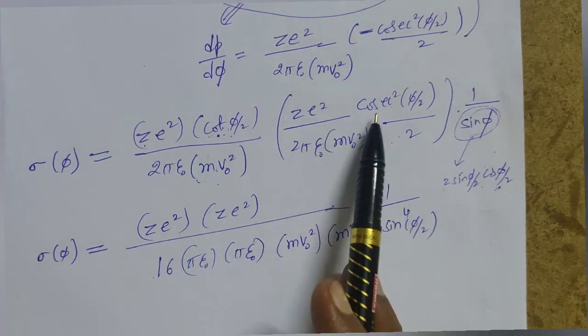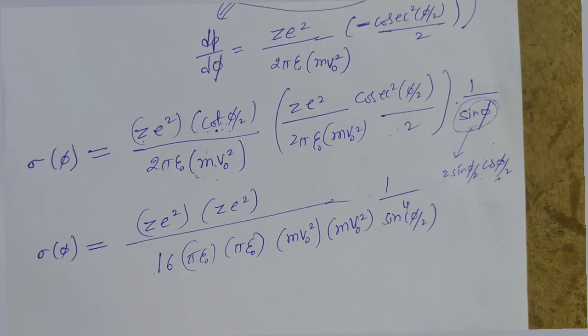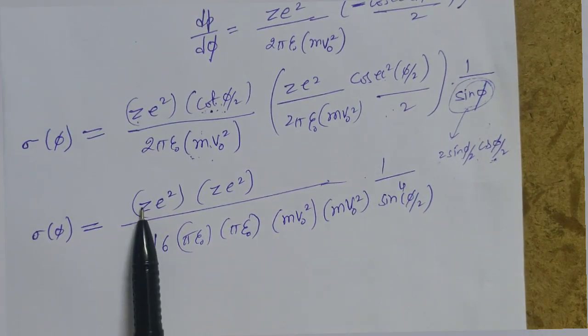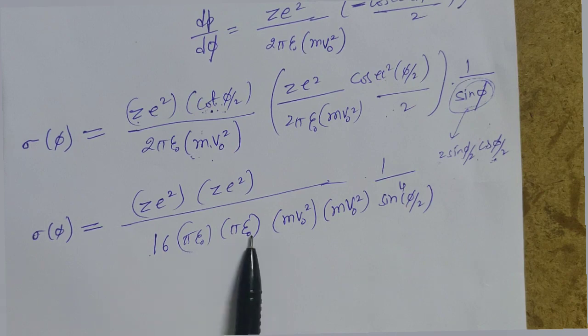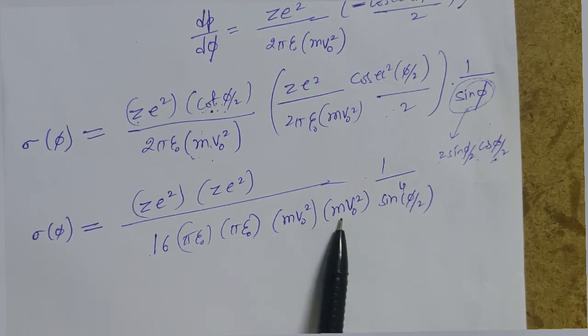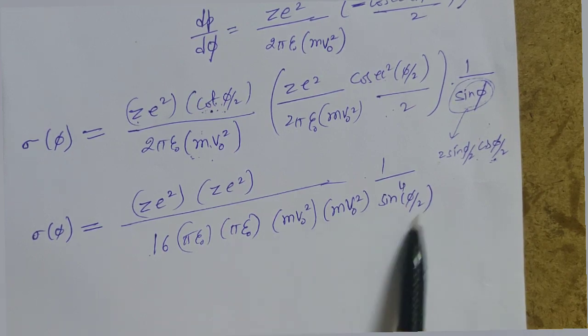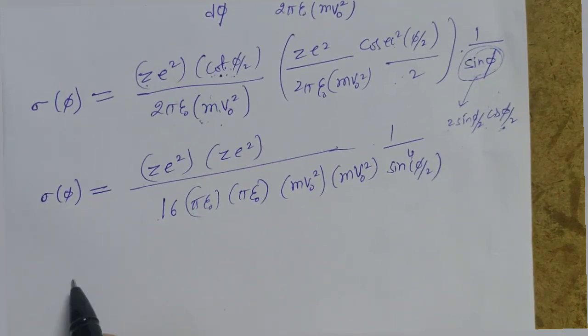So z square e power 4, denominator 16 pi square epsilon naught square m square v naught power 4 sin power 4 phi by 2.